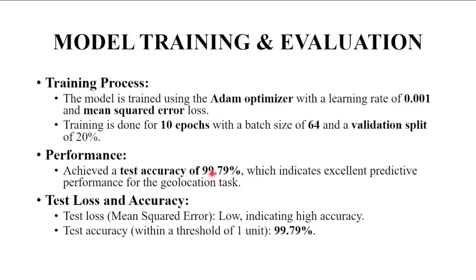We trained this and gained an absolutely good accuracy of 99.79%, which indicates excellent prediction performance for the geolocation task. We used mean squared error, which indicates high accuracy, and test accuracy with a threshold of 1 unit was 99.79%. So that's it for the model training part.